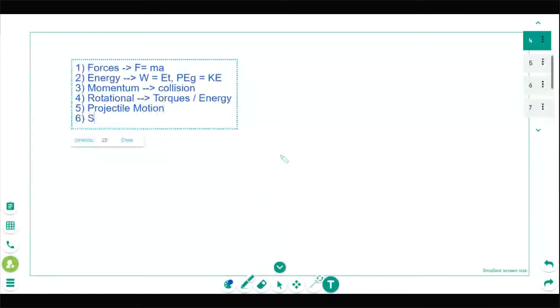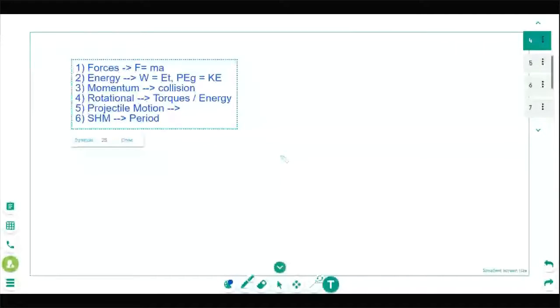I suppose I'll put simple harmonic motion on there as well. The reason I put SHM at the end is because most of the SHM questions you're going to see are going to be solved with forces or energy or rotational stuff. The only one that comes down to pure simple harmonic motion is the period part, the period of a pendulum, the period of a spring, stuff like that.